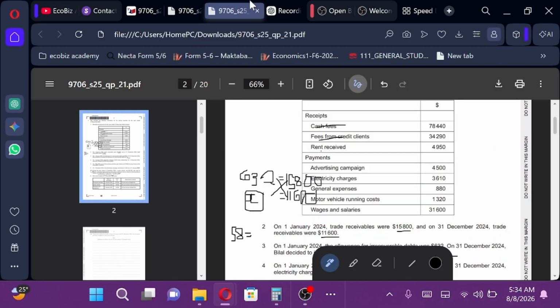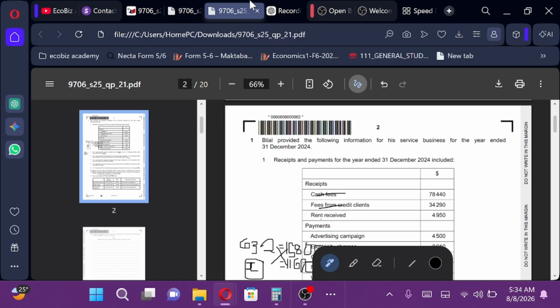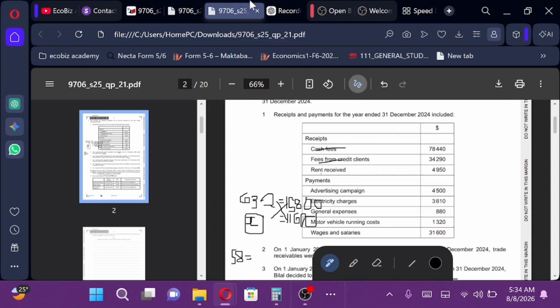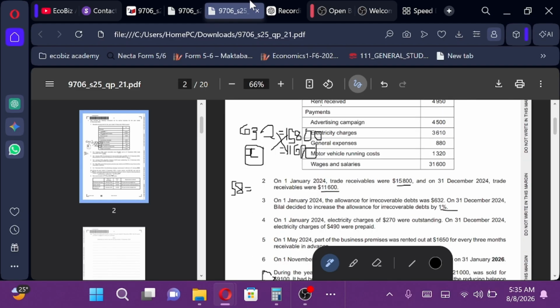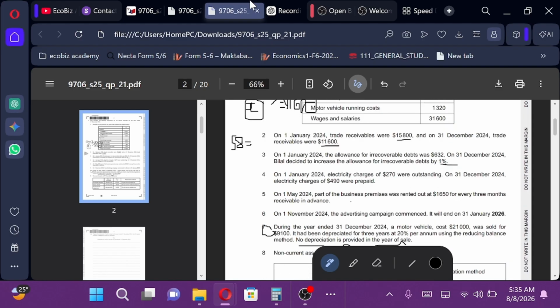Now guys, let's notice this. For this year, which is 2024, in the question paper, you see here, it says 1st of November 2024, all the way to 31st of January 2026. So these are so many months that we're not supposed to calculate.